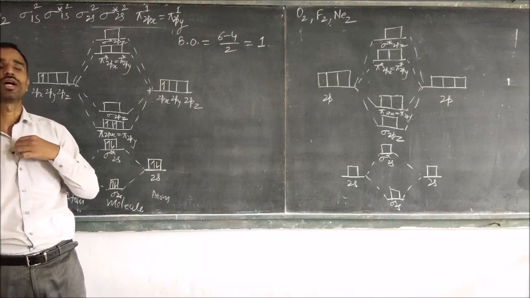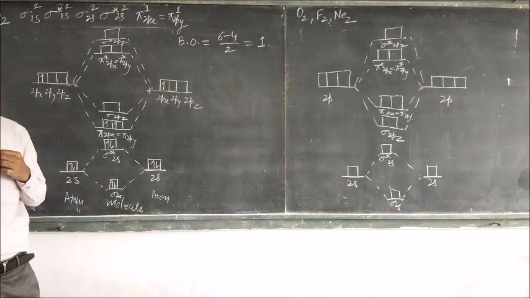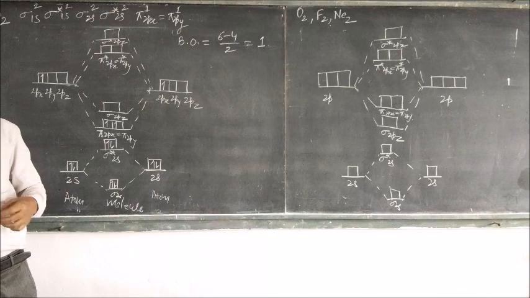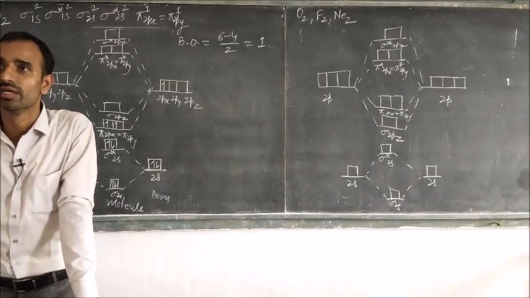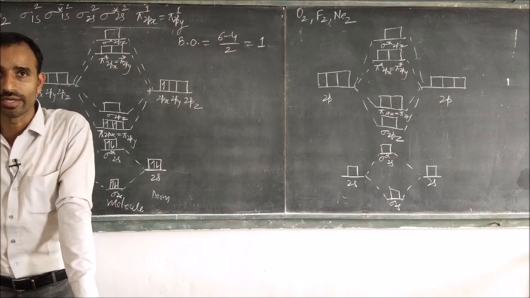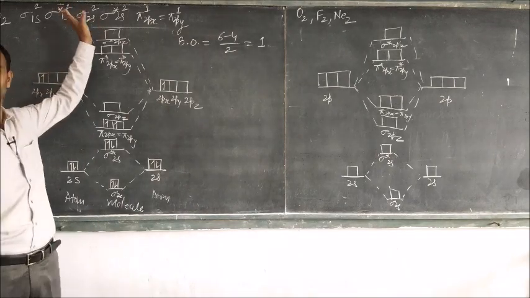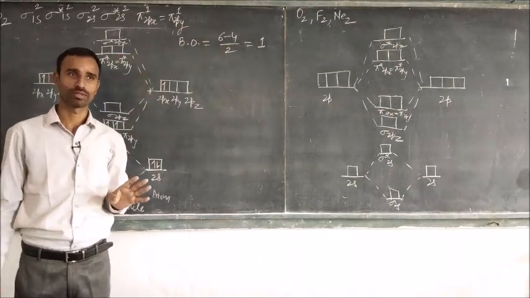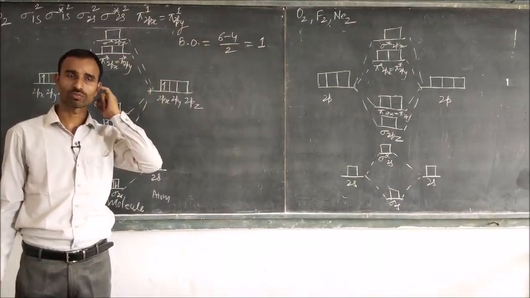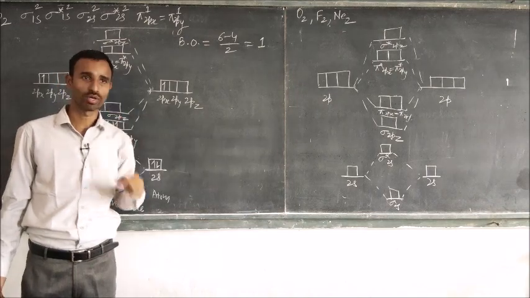As per what we study, a sigma bond can exist independently, but a pi bond is always accompanied by a sigma bond, right? But in the case of B2, one bond is formed and that is a pi bond.